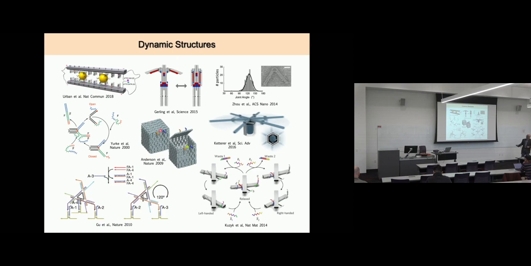Or there are devices that can undergo a conformational switch from one configuration to another, which could be useful for drug delivery, such as these boxes that can open and close based on a couple of keys that they need to get. So they're a lock-and-key type of mechanism. Or things that undergo perpetual motion based on some fuel that you provide, like these walkers or these rotors and things like that.